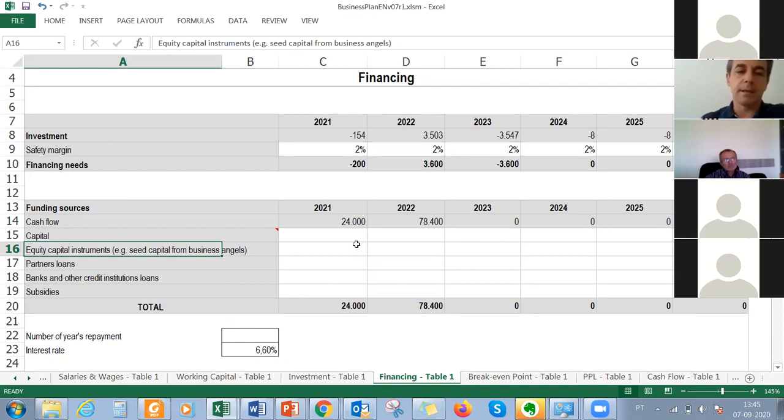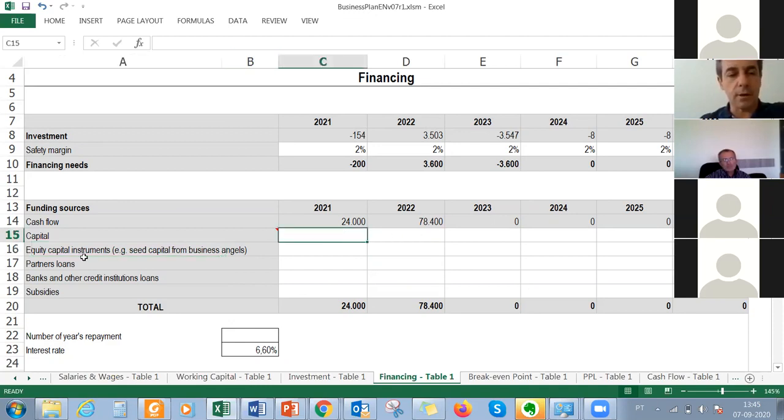The easier answer is, we will have an initial capital. We will think how we will get this money, whether it's our money, our friends.